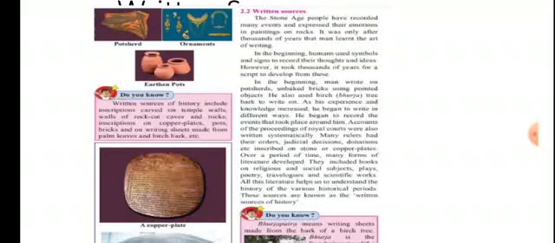Earlier, the ancient people used to write on various things. Copper plates, inscriptions on rocks, also on the branches of the trees. In the beginning, humans used symbols and signs to record their thoughts and ideas. However, it took thousands of years for a script to develop from this.